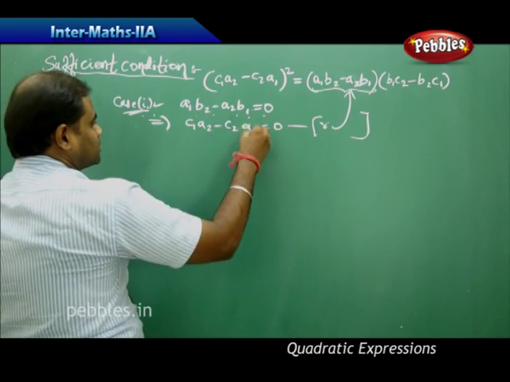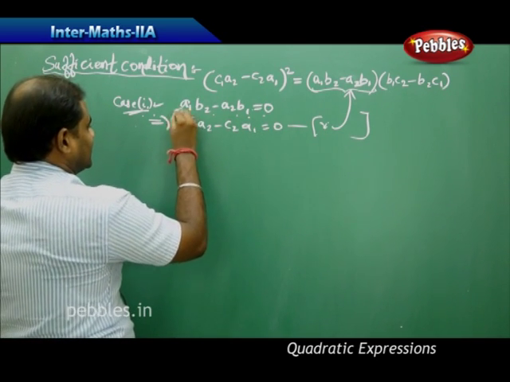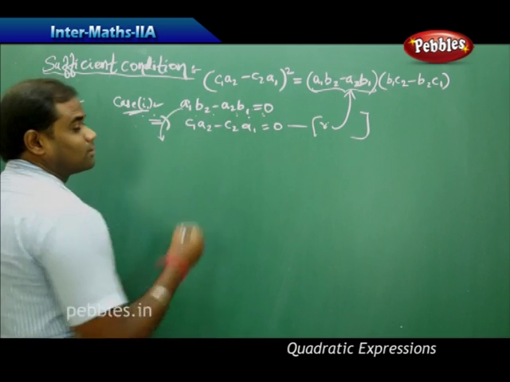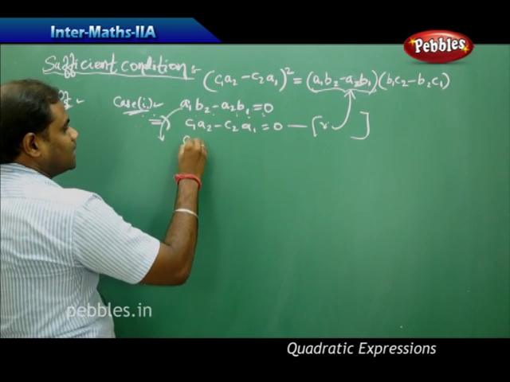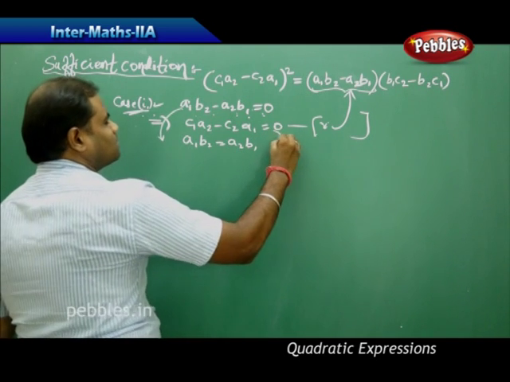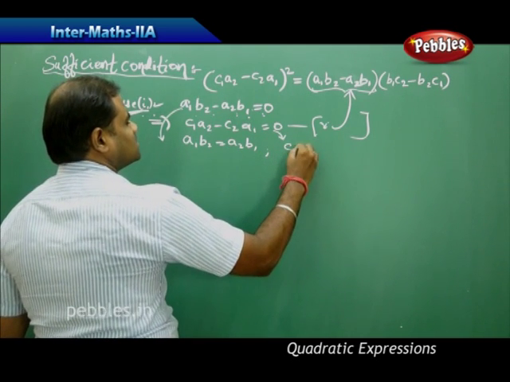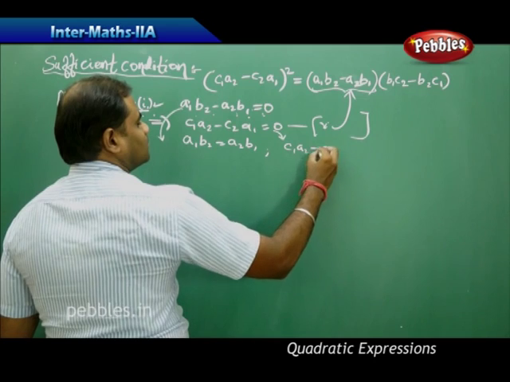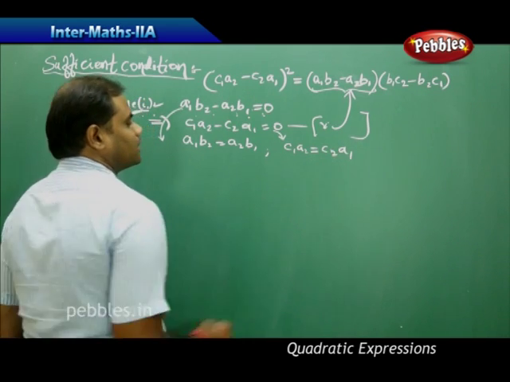Now with these two conditions, let's see what exactly I get. From the previous assumption of case 1, I get A1B2 equals A2B1, and from this I get C1A2 is equal to C2A1.